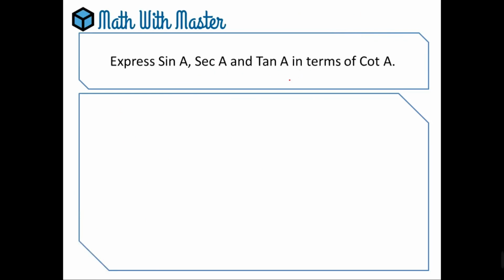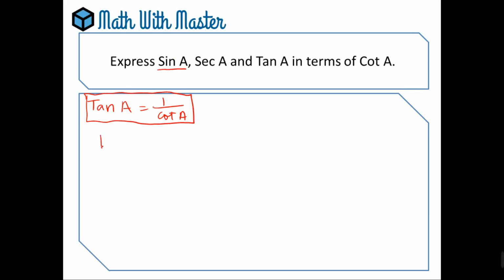So now express sin A, sec A and tan A in terms of cot A. Now tan A is equal to 1 upon cot A. We know this. Now here, how to find sin A?